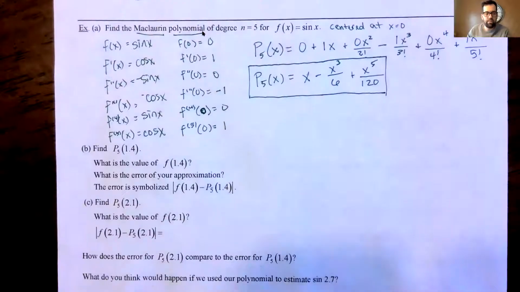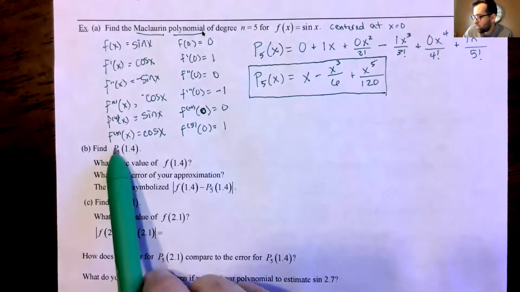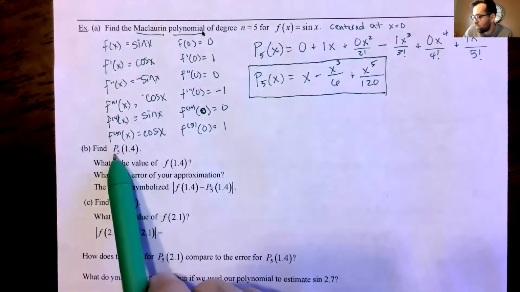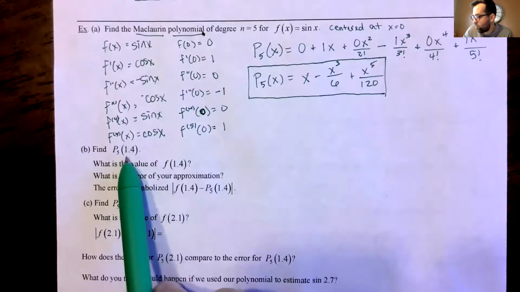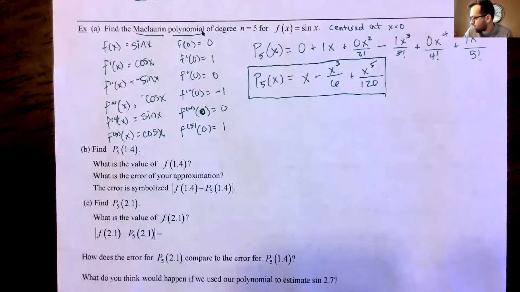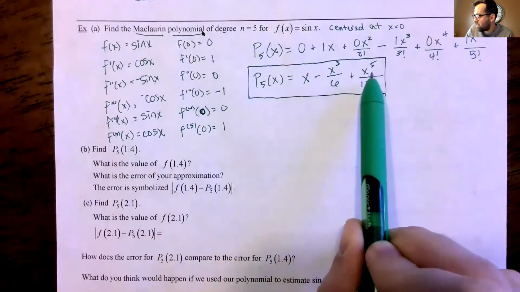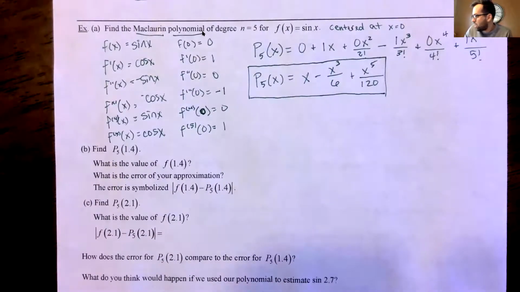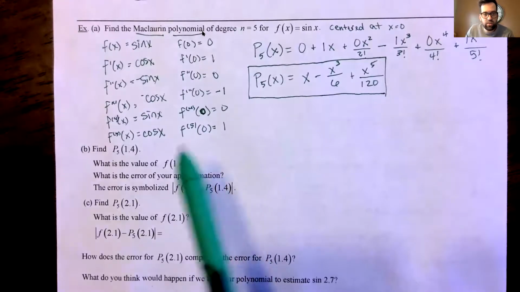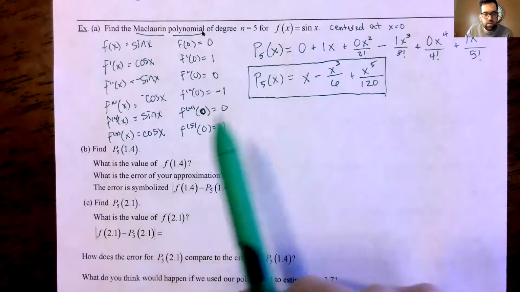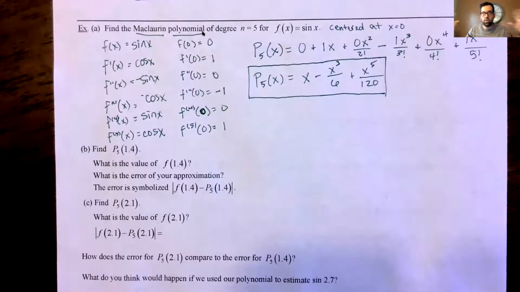So let's find the 5th degree Taylor polynomial approximation if we plug in 1.4 for x. So what I'm going to do is plug in 1.4 for each of these x's. And I already did this, so I'm just going to write down what I got. But if you type that into your calculator or into Desmos, I'm going to list out all of the decimals here.